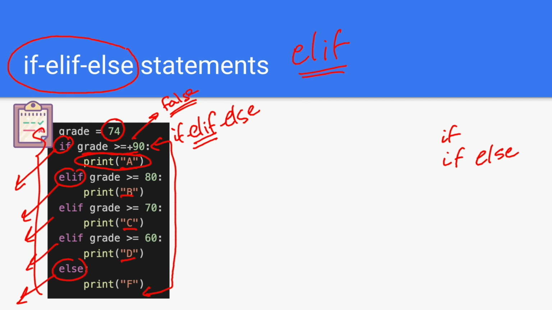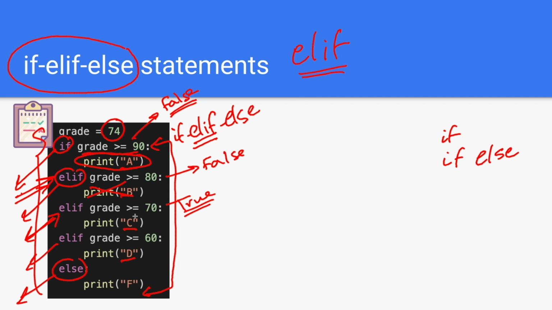Then we move on to the second else if statement. So we come here to the else if statement and we look, is grade greater than or equal to 80? This also evaluates to false, which means that this is not going to be executed. Let's go to the third else if statement. Is grade greater than or equal to 70? This one evaluates to true.